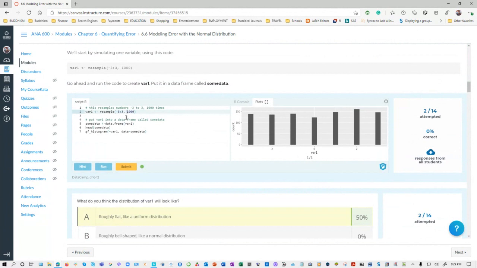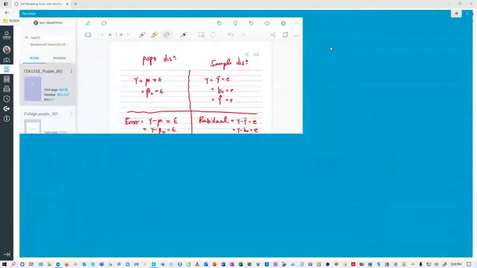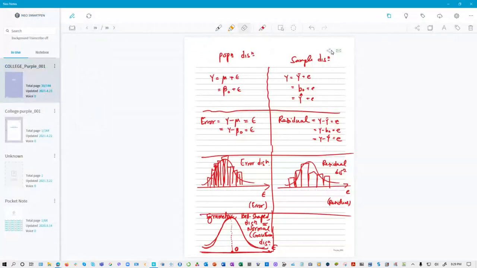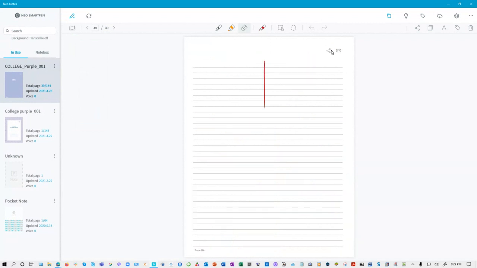I'm not talking about the error. I'm talking about this -3 to 3 in a uniform distribution. In the population setting, I have a uniform distribution.